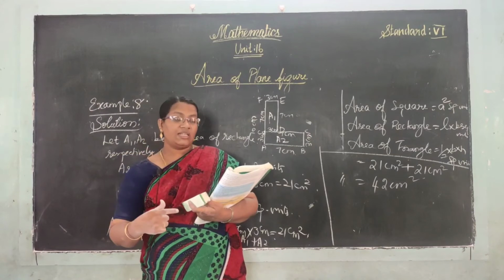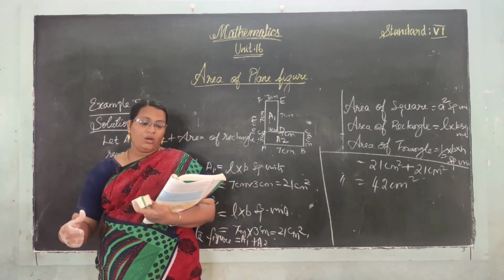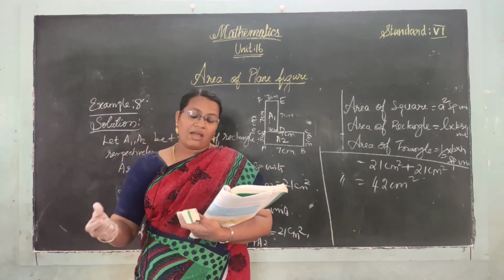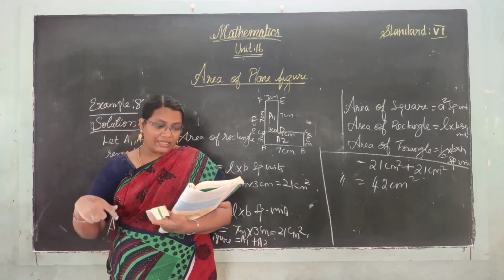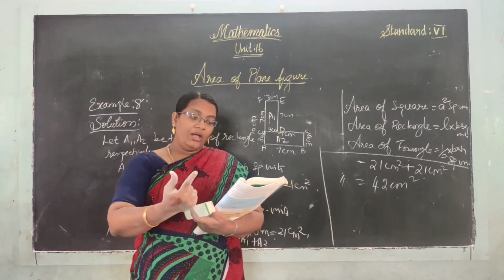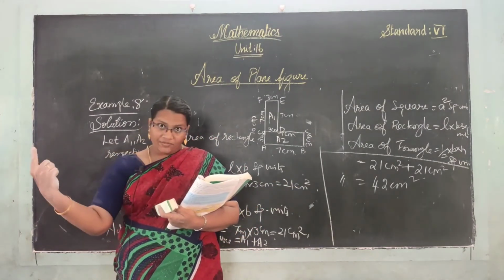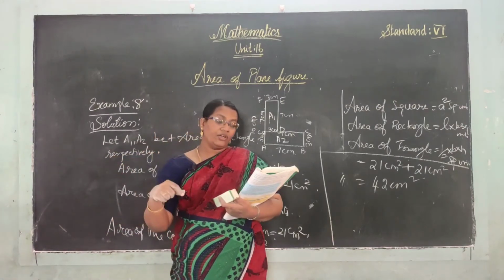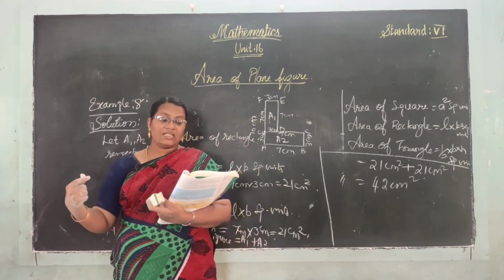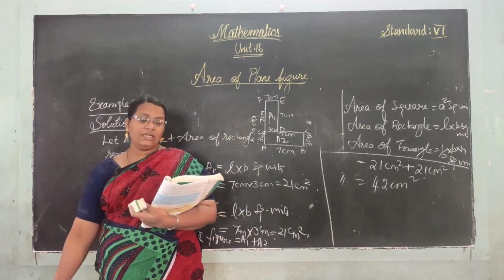Which shape are the tiles? Rectangular shape, so L into B. First we calculate the area of the tiles, then the area of the rectangular hall.